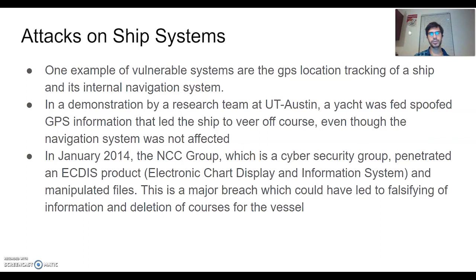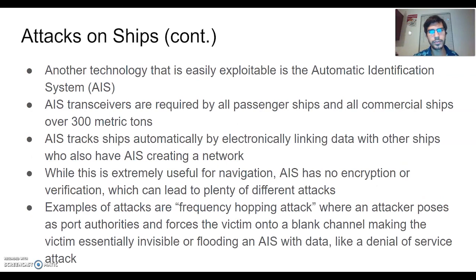In another example, the NCC group, which is a cyber security group, penetrated the ECDIS product that held the electronic chart display and information system, and manipulated files within that product, which also could have led to falsifying of information and deleting courses for a vessel.